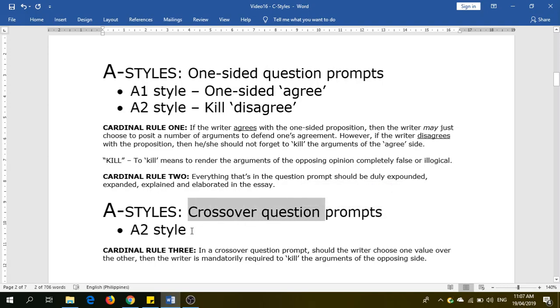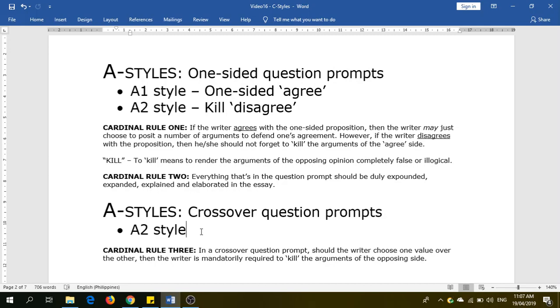And for this one, the same rules apply. If you agree with one side of the issue, then you'll have to kill the arguments of the disagree side, and vice versa.